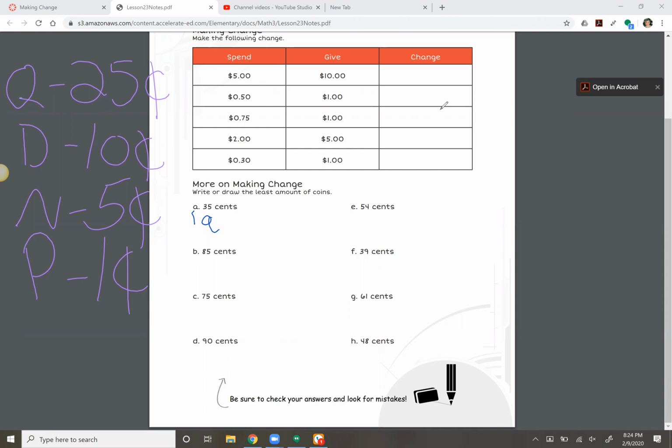So we could count up 25, 35, and that would be 1 dime. So that would be our smallest combination. So 1 quarter and 1 dime, or 25 plus 10 is 35.